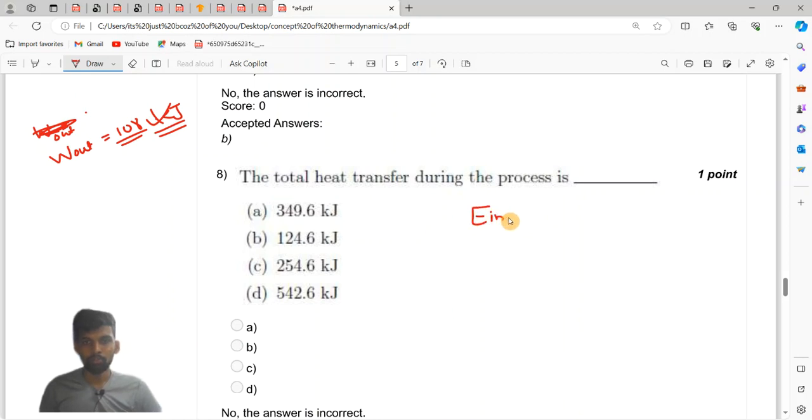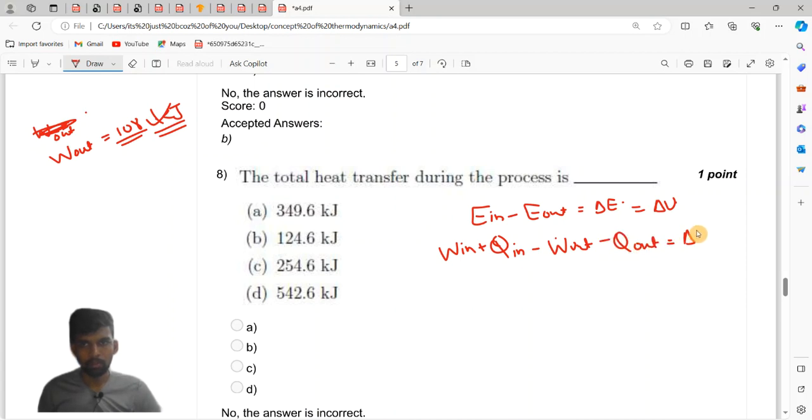Same logic that we are using, I will not tell again and again, it will just waste our time. So E in minus E out. Make a habit of writing the equation like this so that you will never miss any term. There is no work in, so Q in minus Q out, which is Q net, minus W out is delta U.